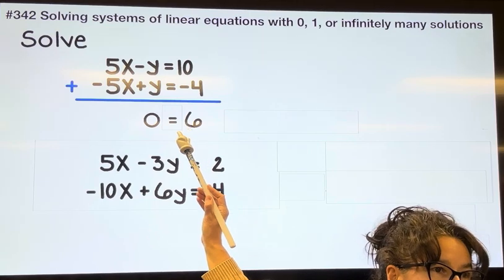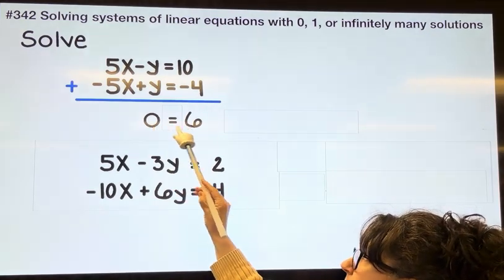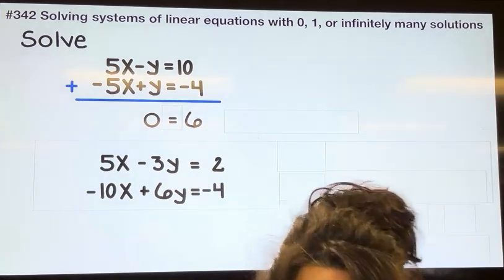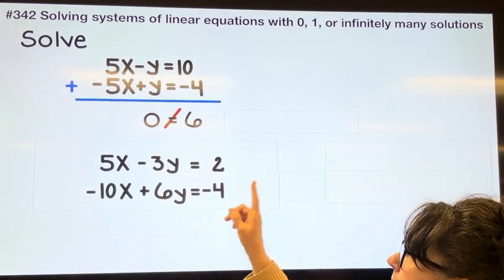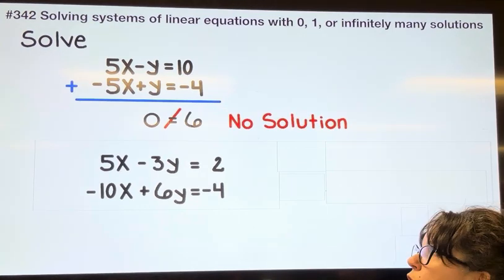All of the letters dropped out, both the x's and the y's. But the statement that we're left with, 0 equals 6, that's not true. So since it's not true, this one is no solution.